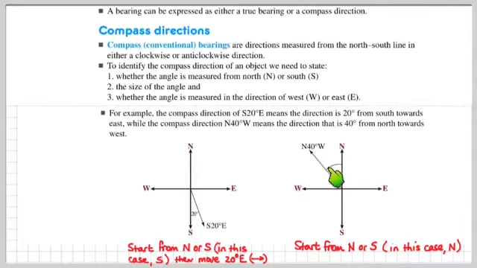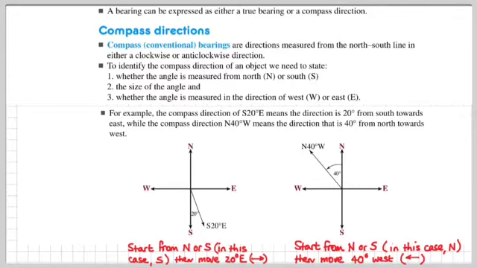So we choose the direction which gives us the smaller angle of the two. In this diagram, we start from the north and then move 40 degrees to the west. So in summary, this is south 20 degrees east, and this one is north 40 degrees west.